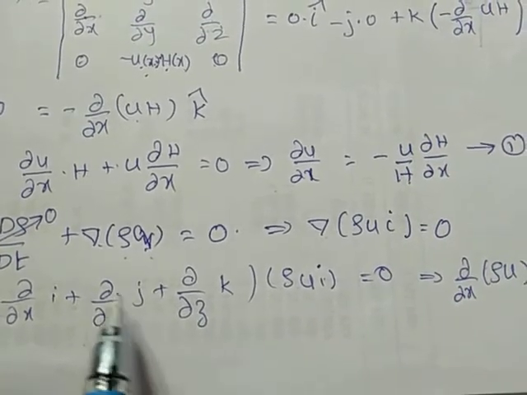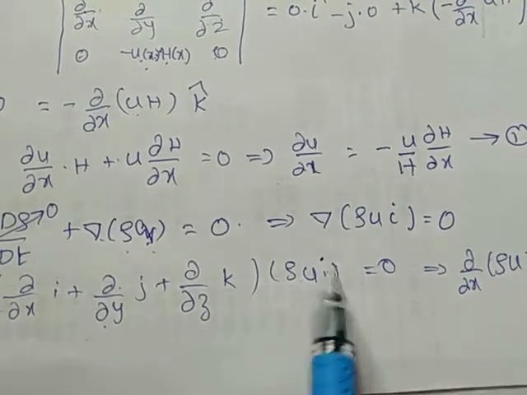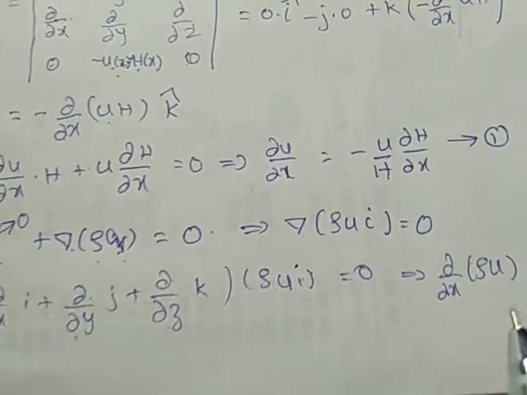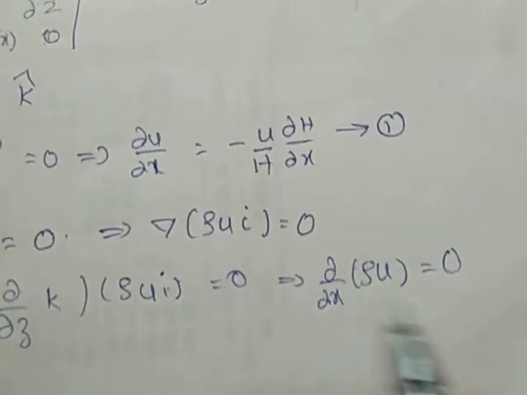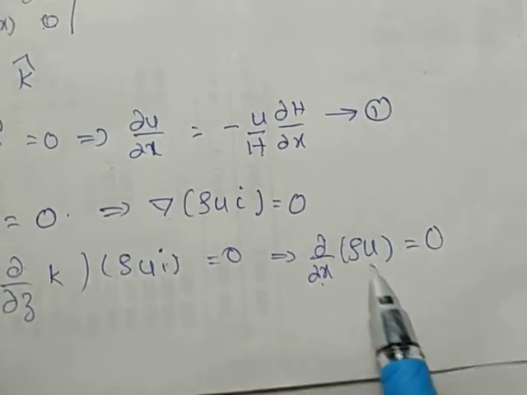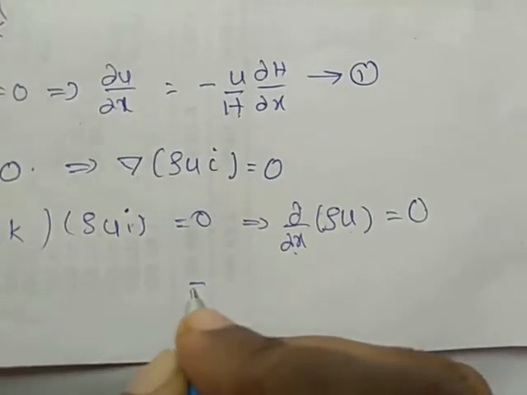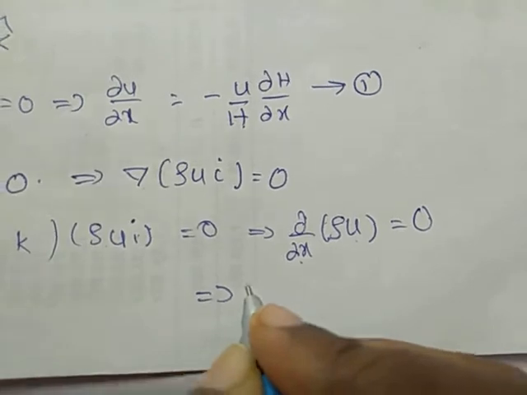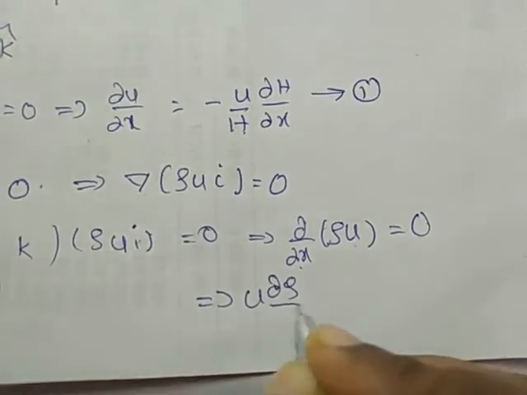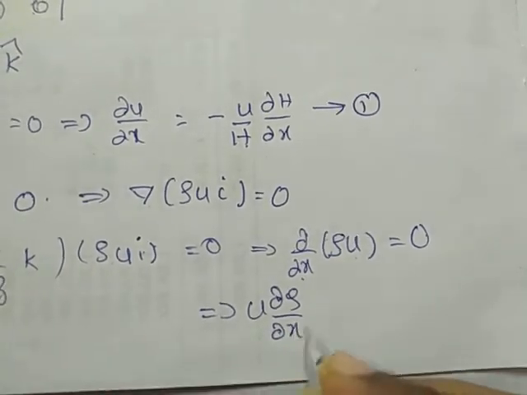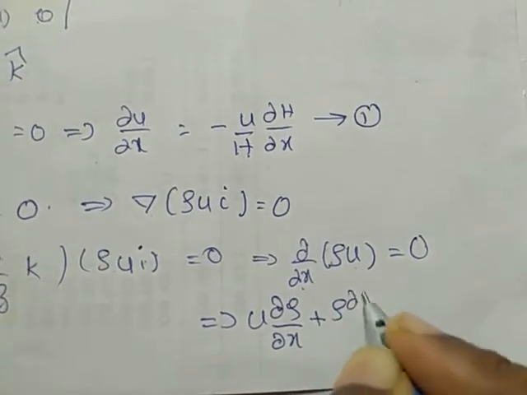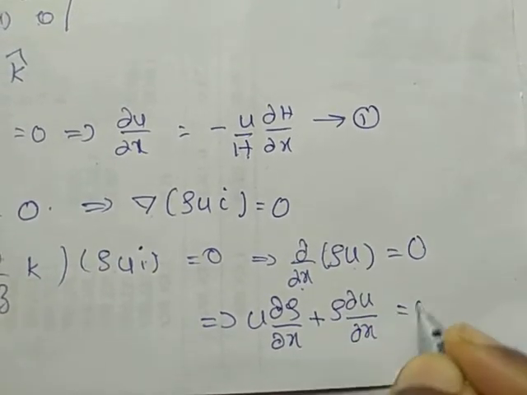The j term is dou by dou y into 0 plus dou by dou z into 0. So now we have dou by dou x of rho u equal to 0. If we apply the product rule again, u into dou rho by dou x plus rho into dou u by dou x equal to 0.